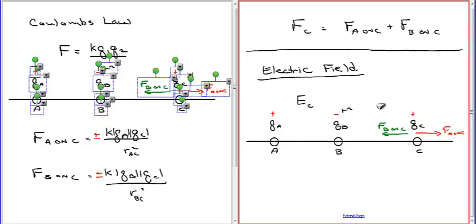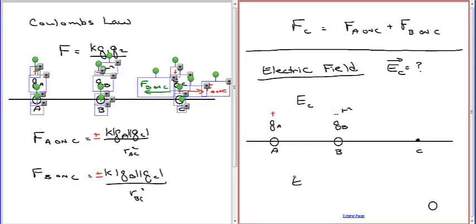So the difference when dealing with electric fields is you don't have a charged particle here. So we take that particle out and we just say there's a point in space. So the question is, what is the electric field? And I'm going to show it as a vector because the sign will tell you what direction it's going at point C?